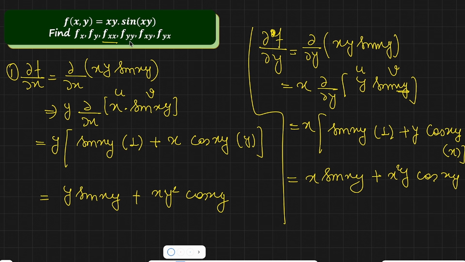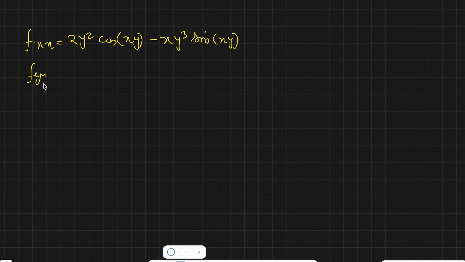Now I hope you can easily find all the other partial derivatives. This is your homework. I can give you the answers, you solve, and you get these answers. The answers are 2y square cos xy minus xy cube sine xy. You can match your answer with this.